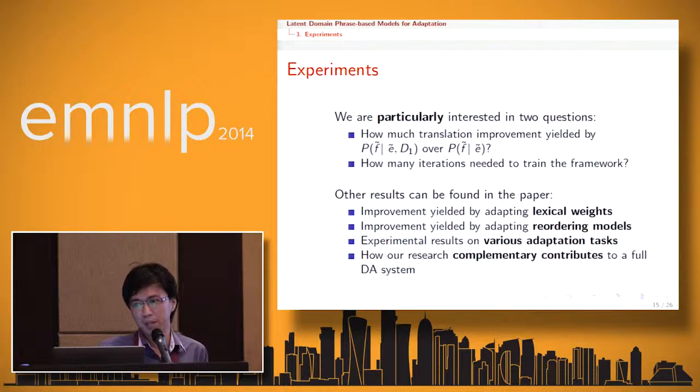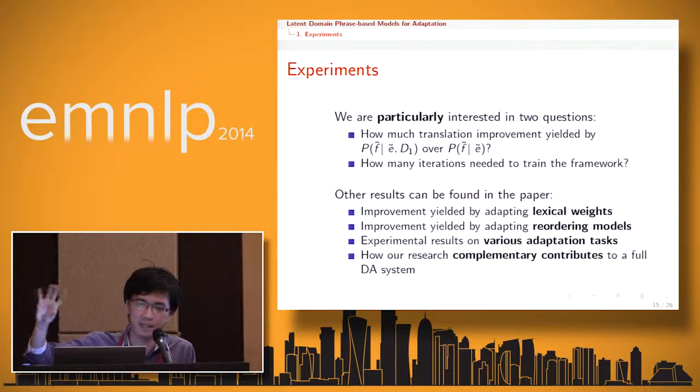Now we turn to experiments. In fact, there are a lot of interesting questions, so I will present the two most important questions, at least for me. All the results can be found in the paper. The first question is how the domain-focused statistic with respect to D1 can replace the former.